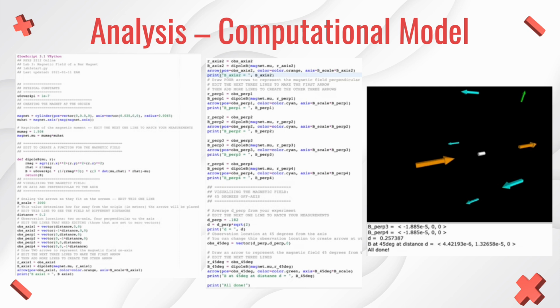Okay, and then just analysis of our computational model. So basically, the magnetic field is calculated at 6 different locations around the magnet, and one location is on the axis, another one is off the axis, and then you have 4 that are calculated perpendicular to the axis, and that's represented by the R perp 1, 2, 3, and 4.